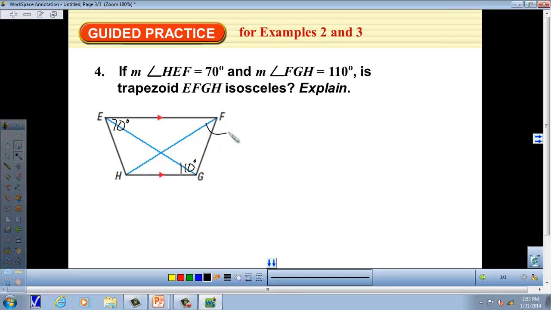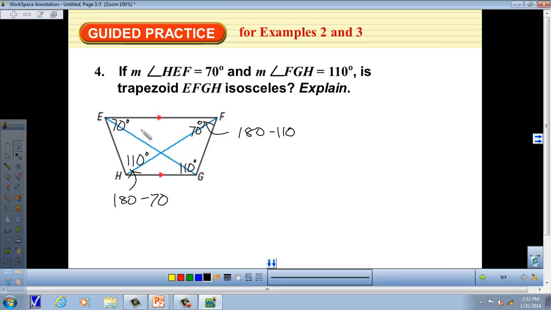That means that this angle right here would be found by doing 180 minus 110. So this angle ends up being 70. So we have one set of base angles congruent. Using the same strategy here, we would say this is 180 minus 70, because these two angles are supplementary. So this becomes 110.